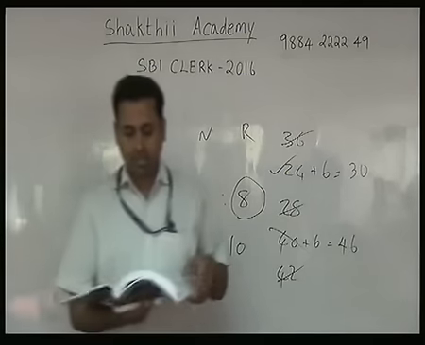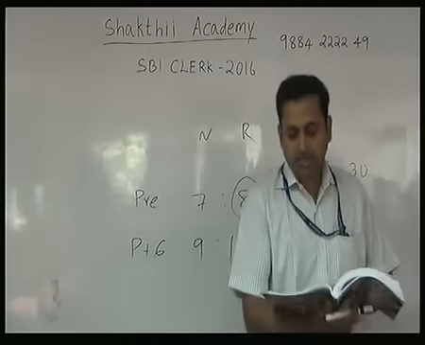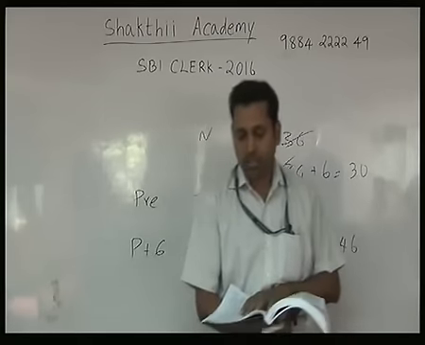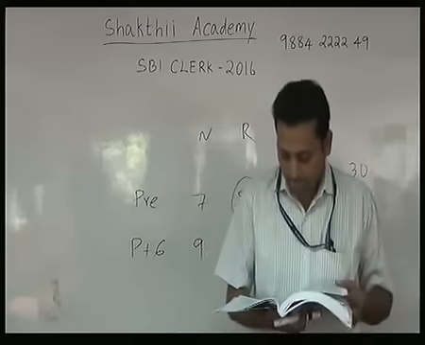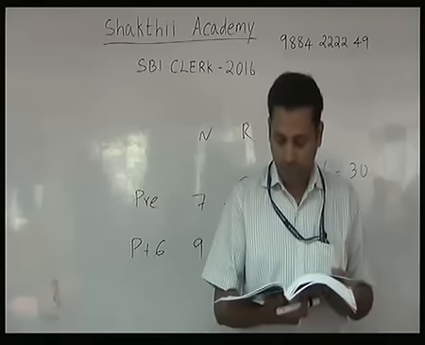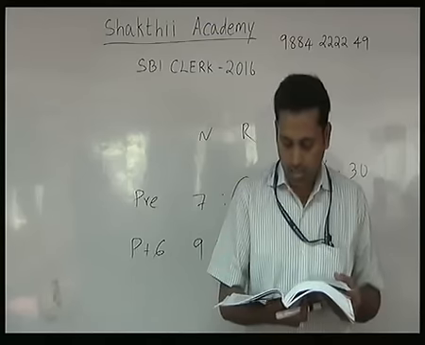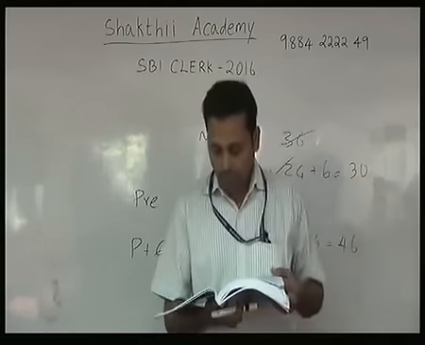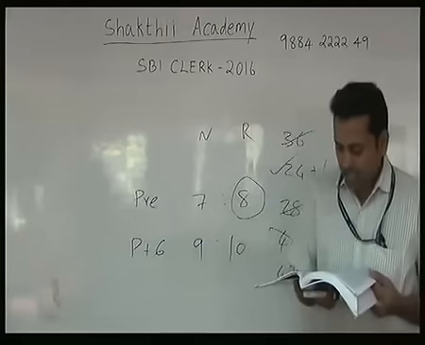Now I will give you another question, again from the original exam. This question is from the SBI clerk 2014, 2/7/2014 original question paper. Take down the question. 5 years ago, the ratio between the ages of Meena and Sita was 3:4.